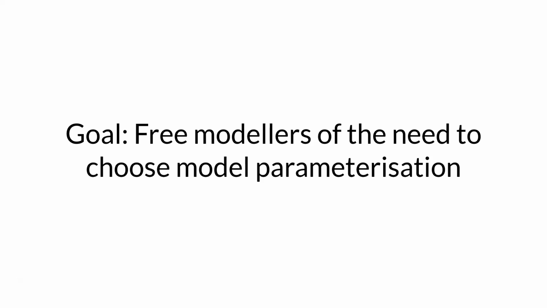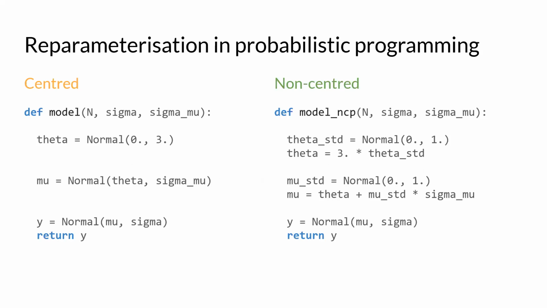And the way we're going to do this is by using variational methods as a pre-processing step to figure out how to reparameterize each variable in our model. Okay, so the first step here is to see what reparameterization is going to look like in probabilistic programming.